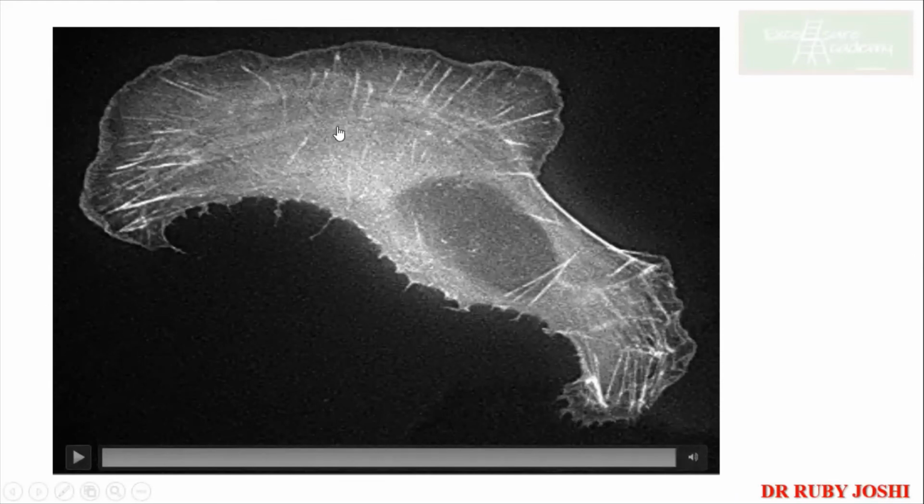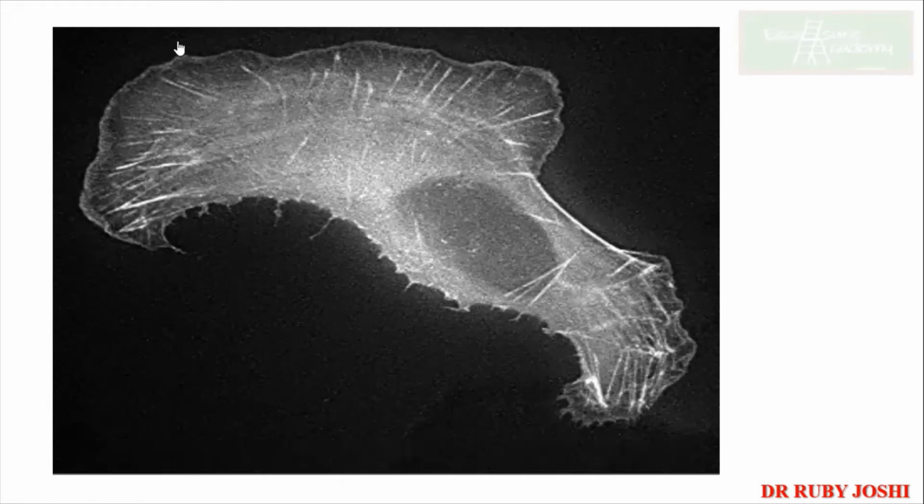Why? Because they are making sure that the movements happen where the focal adhesions are there, right? So they will try to move in this direction, and what we see is the continuous formation of the stress fibers, जो आपका polymerization and depolymerization हो रहा है, ठीक है? So keeping those thoughts in mind, let's watch the video again.